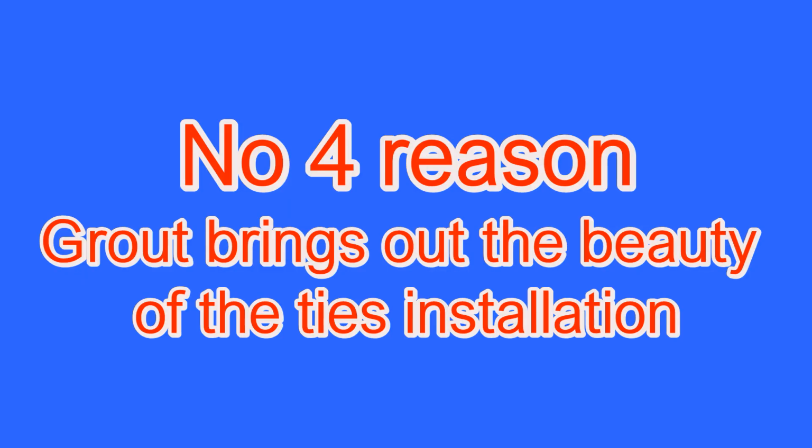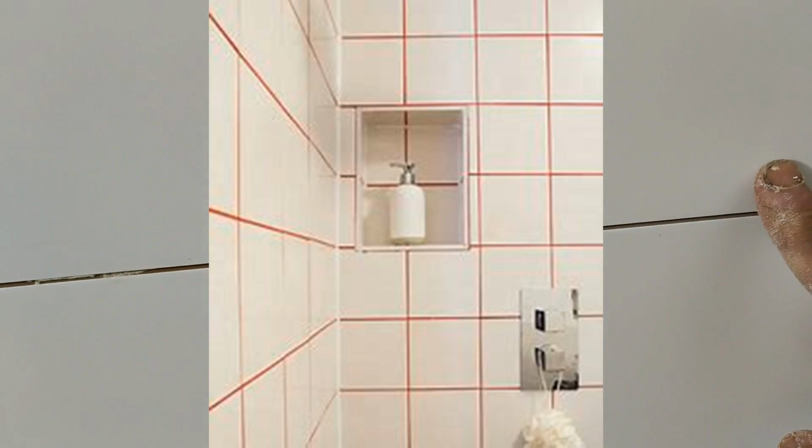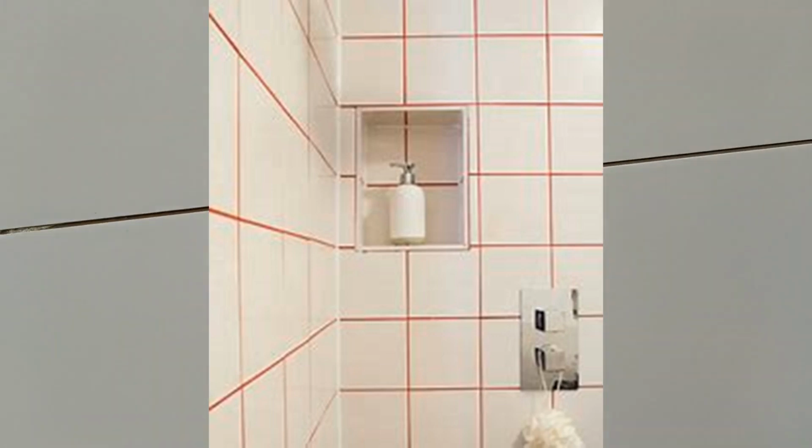Then the fourth reason is that when you apply grout in your tiling work, it makes the tile work look beautiful, especially when you try to blend it with different colors.